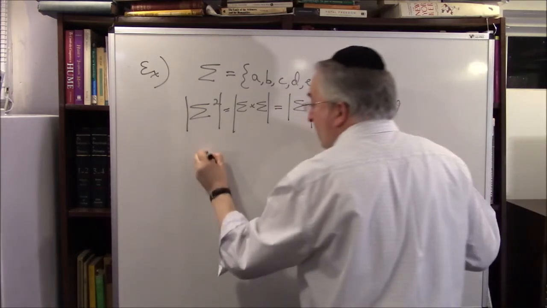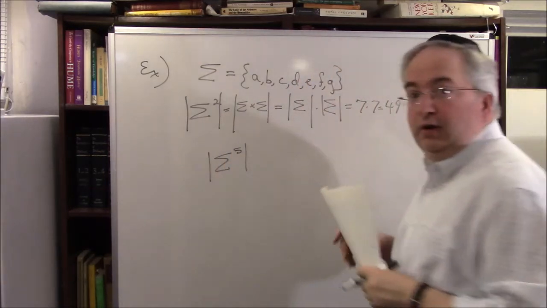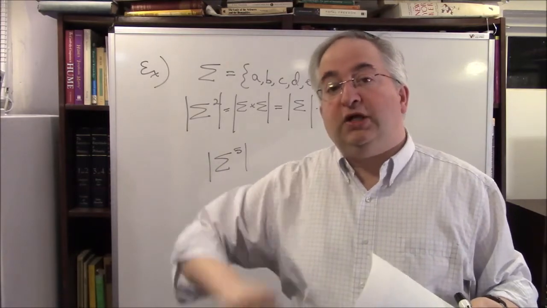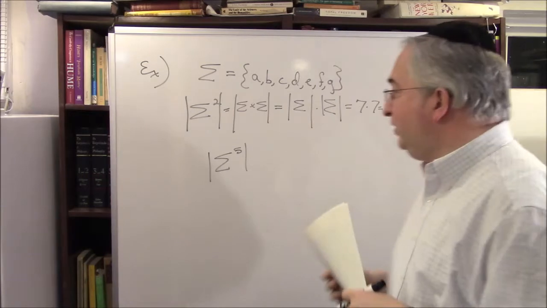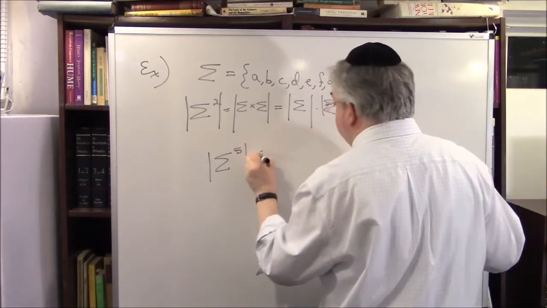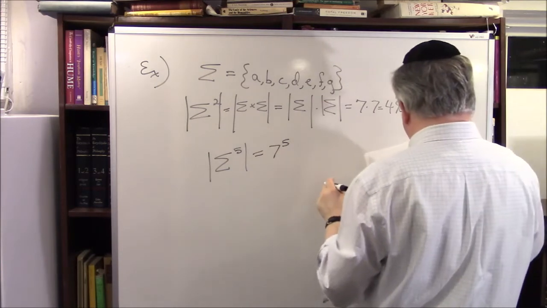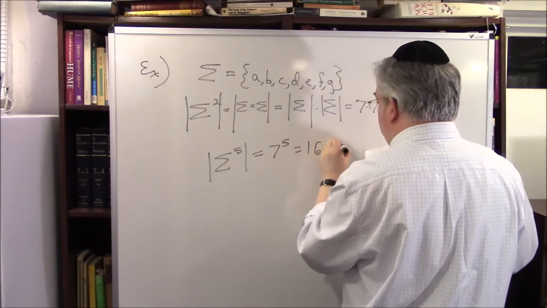If I ask you how many 5-letter words there are, let's just go through this. 5 letters means you're choosing a letter for the first, a letter for the second, a letter for the third, a letter for the fourth, a letter for the fifth. So this is equal to 7 to the 5th, which is equal to 16807.